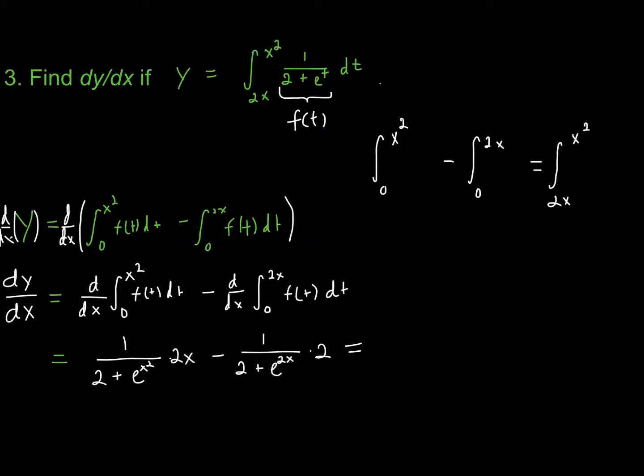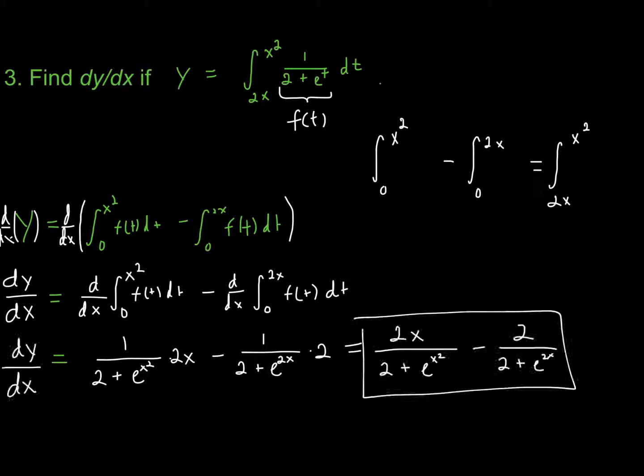And so I can rewrite my answer as 2x over 2 plus e to the x squared minus 2 over 2 plus e to the 2x. That is dy dx. All right, at this point, go ahead and move on to homework 7.06.